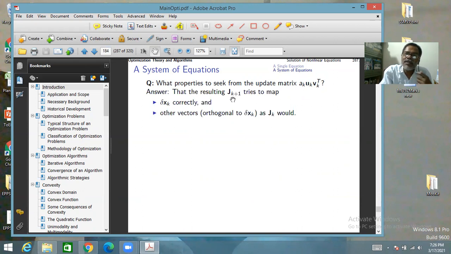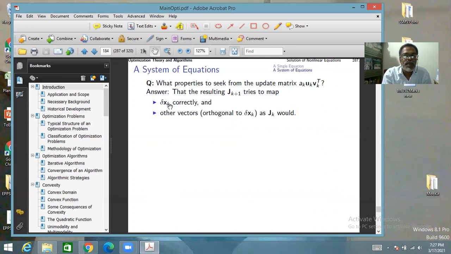Say Jk did not map delta xk correctly. That is, Jk inverse did not map delta fk correctly. But now we try to get a Jk plus 1 through a proper update of this kind, so that it does map the change correctly.